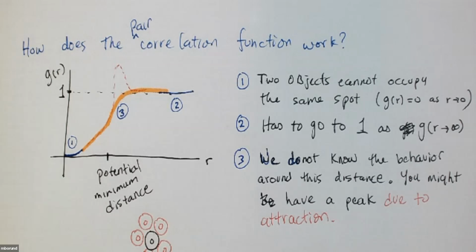As you keep increasing this radius R, the volume keeps growing and growing. So your number of pairs grow, but the volume that you're enclosing also grows. So that's where it averages to 1. In this case, we see that this volume that encloses here and the number of pairs is bigger than that volume on average. So you see that peak. So that's the peak due to attraction.